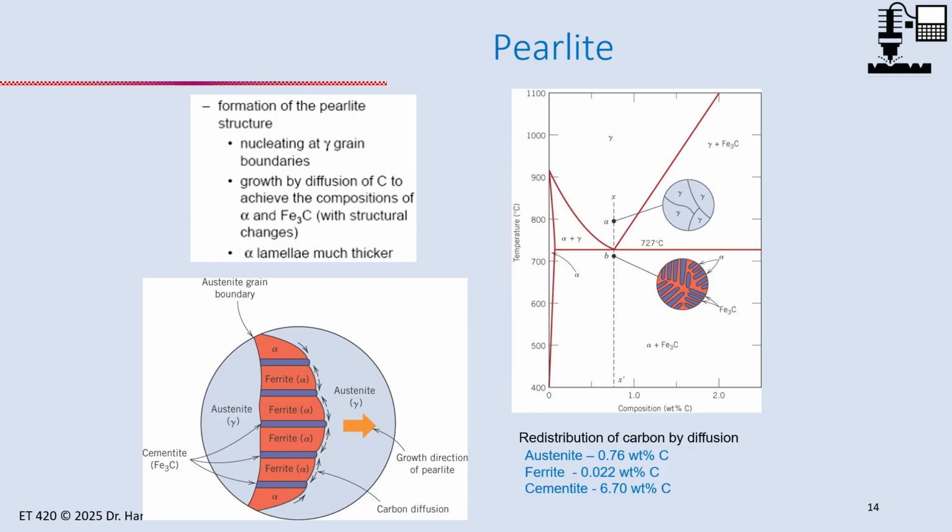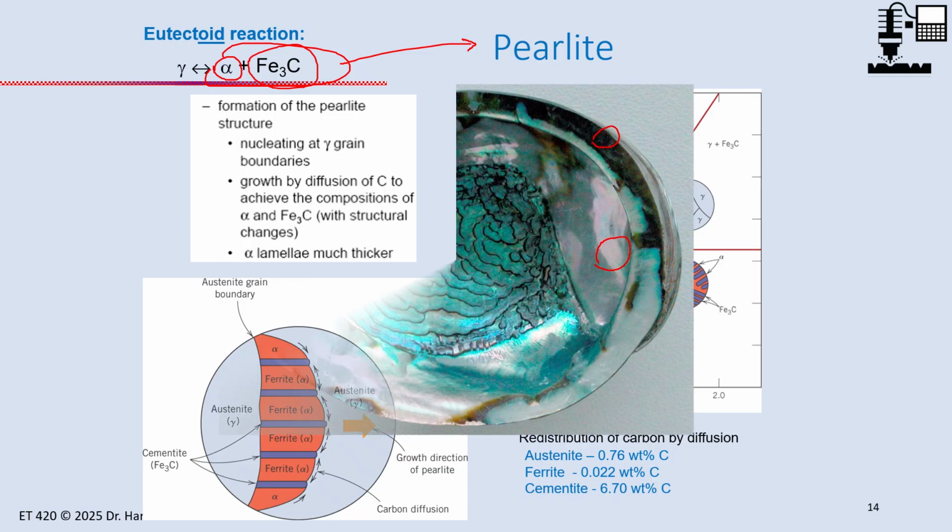I mentioned that we are interested in this area where gamma or austenite is transformed to alpha ferrite and cementite, and this gives you a unique arrangement, and that arrangement is called pearlite. The reason we call it pearlite is because it is similar to a pearl.